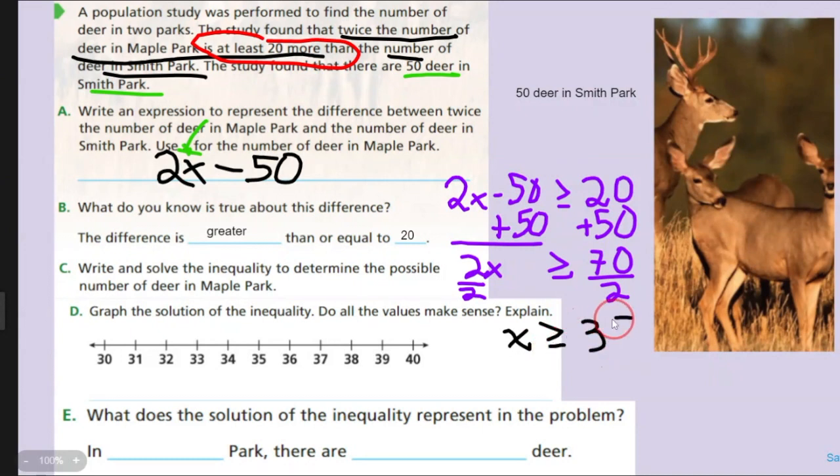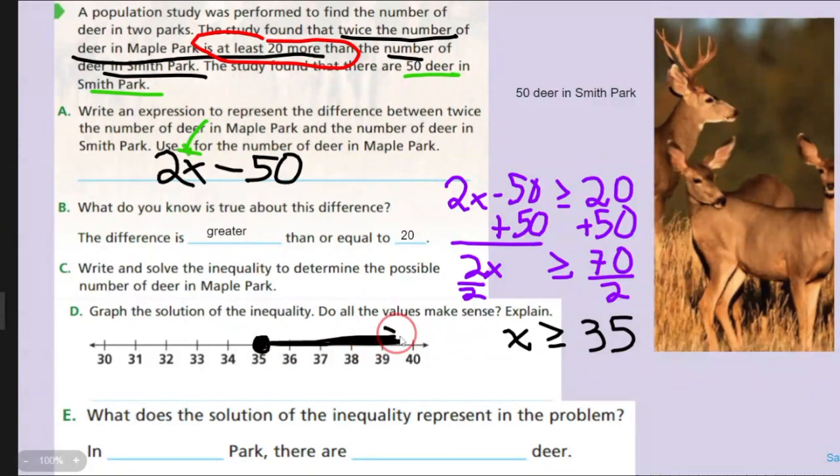Now, when I graph this solution, right, I can circle the 35, and since 35 is part of the solution because of the greater than or equal to, that equal to part of the statement enables us to circle the 35 as a solution, and also all the numbers greater than 35.